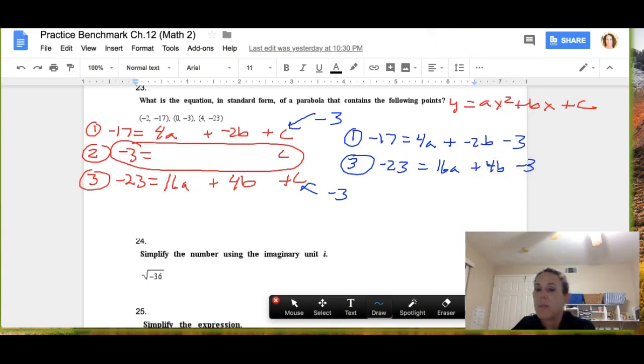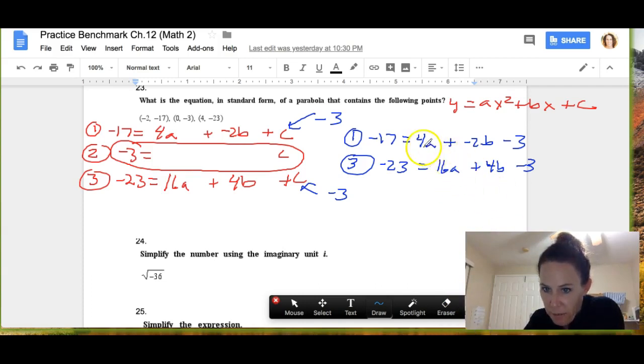Yay! That simplified it. I didn't have to eliminate a in this one and then get these two equations and eliminate a and then just be left with b and c. I didn't have to do that. They gave me c. So now look, I have equation 1 and 3 and I have 2 variables and 2 equations. Well, I can solve 2 equations with 2 variables.